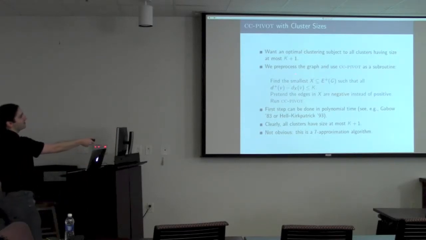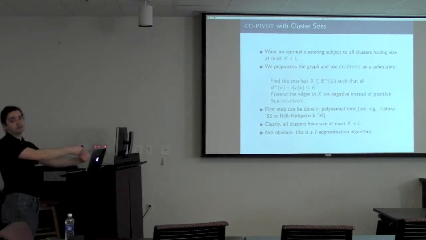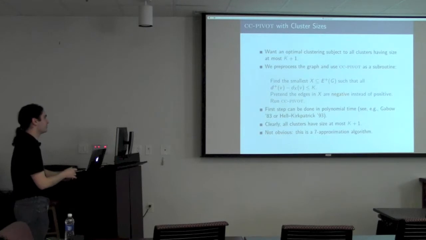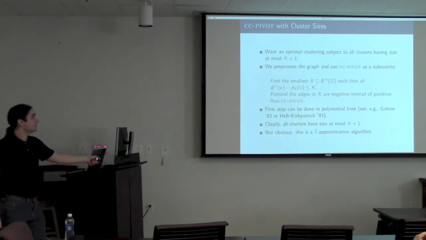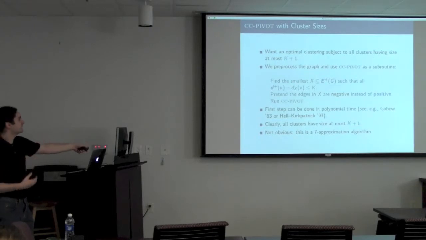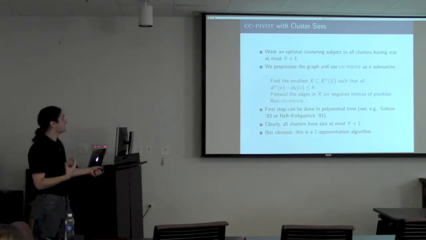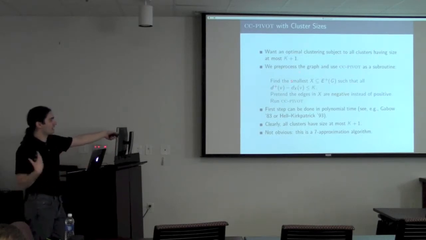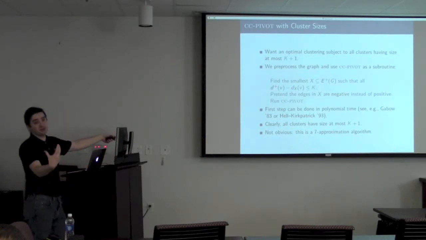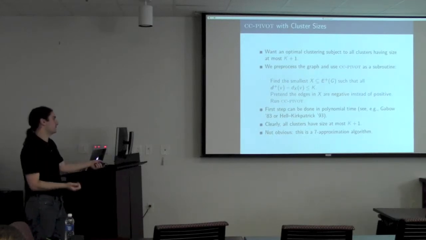It might not be obvious you can do this first step in polynomial time, but for example, if k were 1, you'd just be looking for the complement of a maximum matching, which you can do in polynomial time. And in fact, you can solve this problem using matching techniques. And because of what we were saying about CC pivot, it's clear that whatever clustering this gives you, maybe it's good, maybe it's bad, but it definitely has all the clusters of size at most k plus 1.